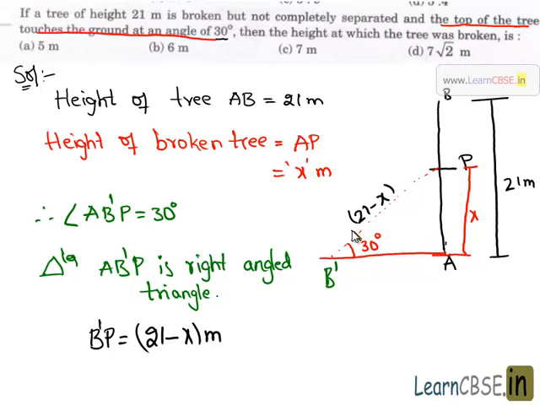Which trigonometric ratio gives us the relationship between hypotenuse and perpendicular? Such a trigonometric ratio is sine. Therefore, sine of angle 30 degrees is equal to the perpendicular, that is AP, upon the hypotenuse, which is B dash P. We have already got the values of AP and B dash P as x and 21 minus x.